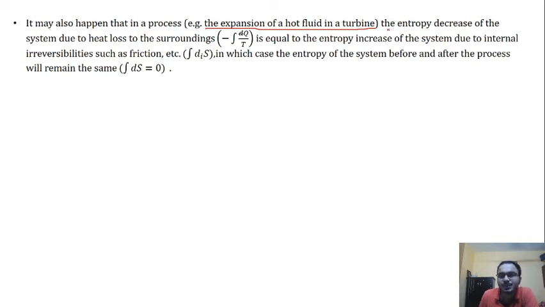So here there is an entropy decrease of system due to heat loss to the surrounding. We have already discussed this part in our previous theory also, that there will be a decrease of entropy of system due to heat loss to the surrounding with quantity of this, that is minus of integration d cut q upon t.